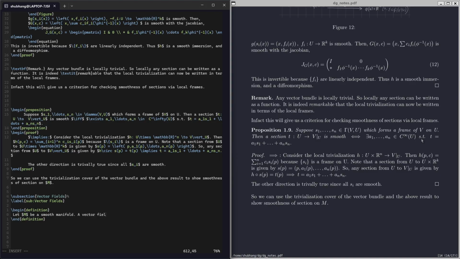A vector field on M is a section of TM. A vector field X from M to TM is called smooth if it is a smooth section.